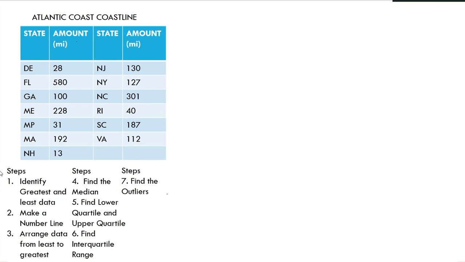Okay, let's go and answer this. Here are the steps that I made. I actually wrote it here, and it's simple. The first step that we need to do is to identify the greatest and the least data. Right, so step number 1, let's identify the greatest and the least data. Let's write greatest.